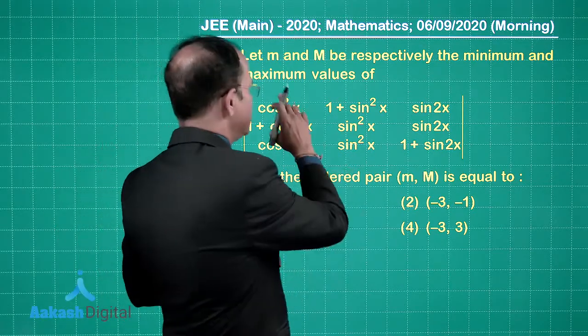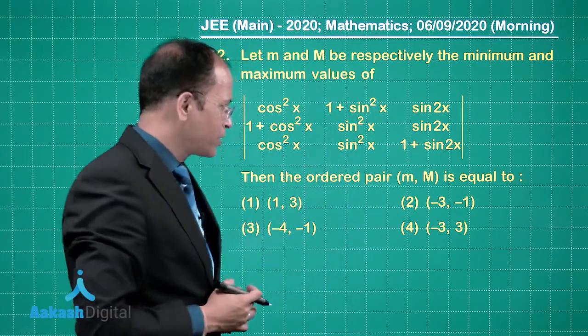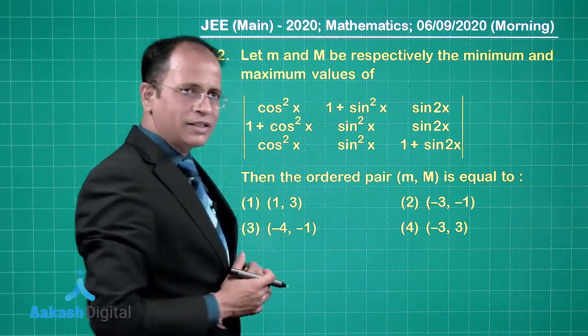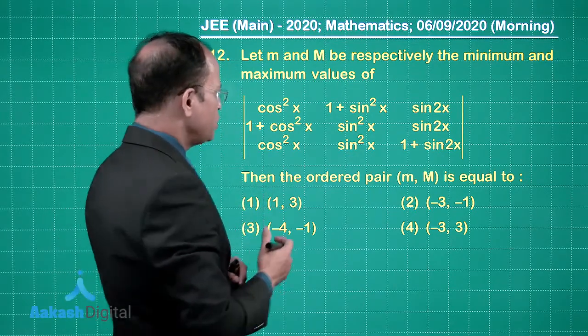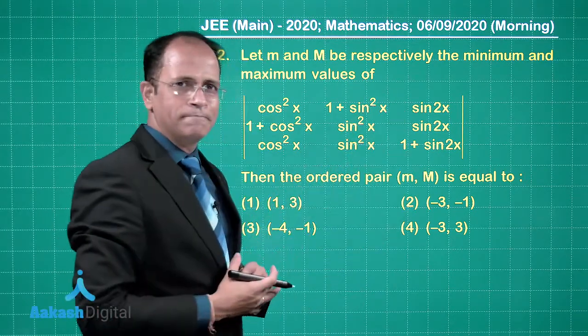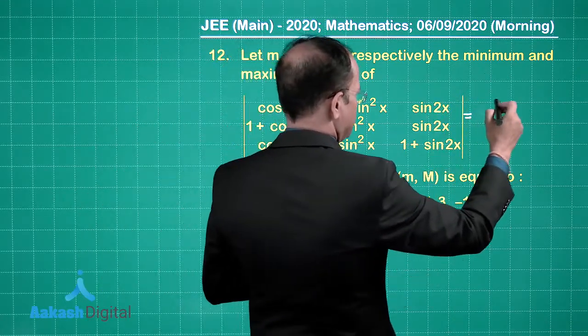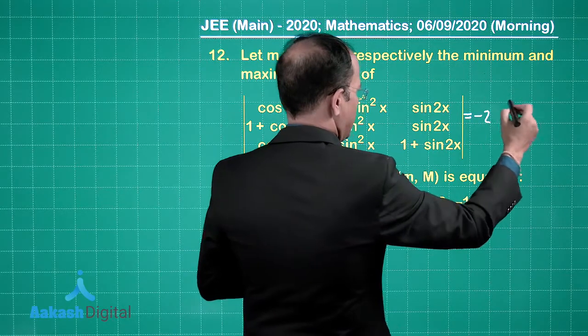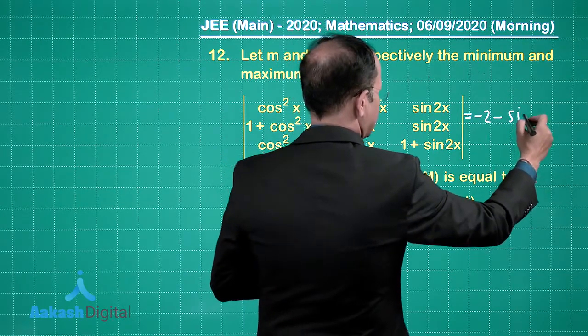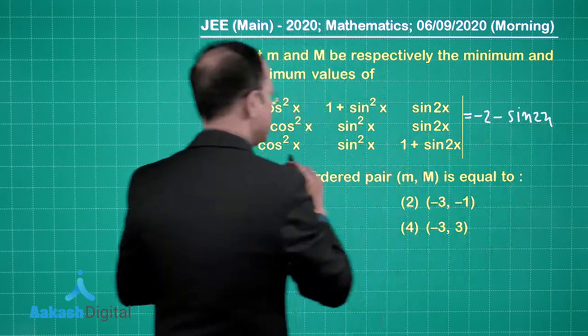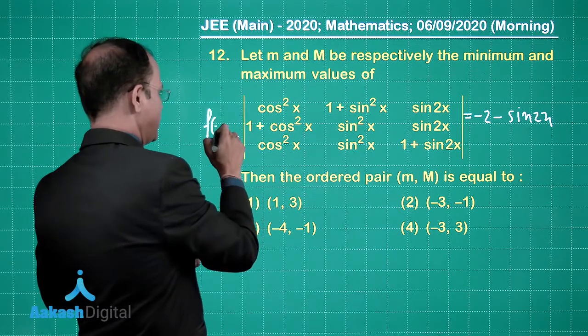Now we have to find the ordered pair in this case. So we need to do expansion here. Once you expand it, we come out with minus 2 minus sin 2x, right? This is the f(x) part we have.